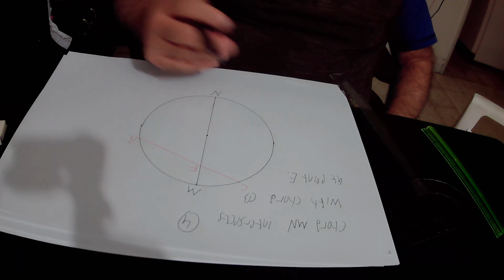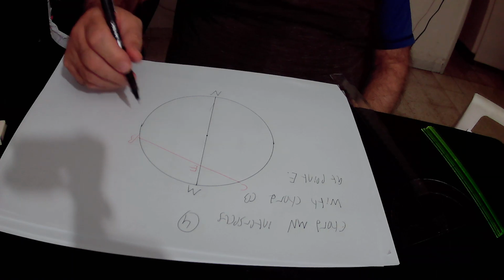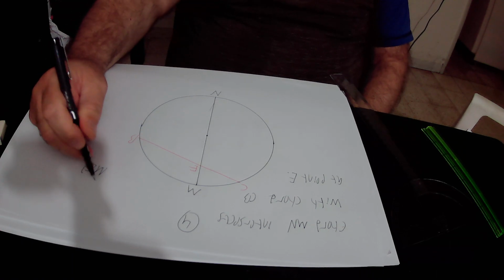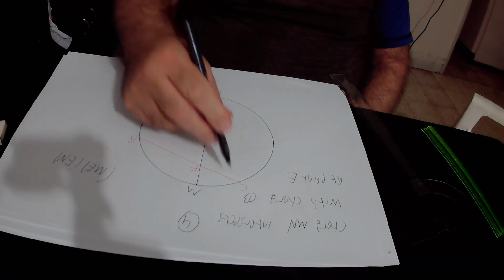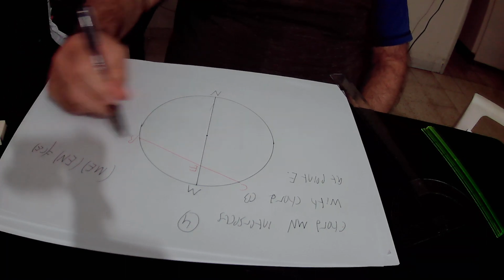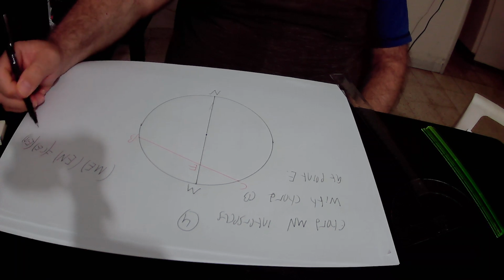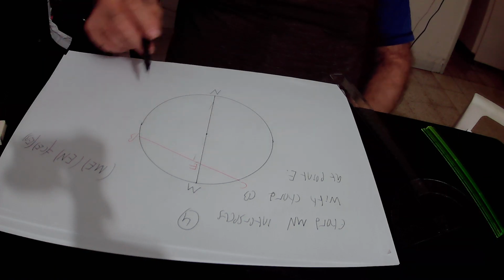Okay? Therefore, according to the new rule, we will get that ME times EN equals CE times EB.